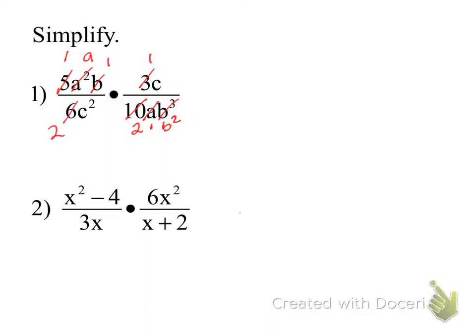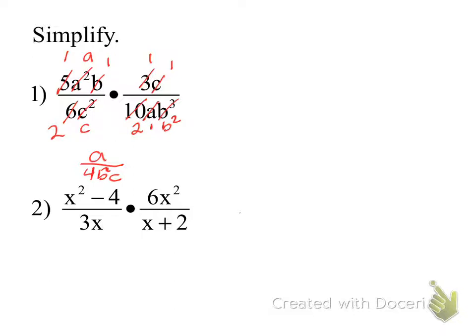And what else? C. Good. Now, 1 times A times 1 times 1 times 1 is A, all over 2 times 2, which is 4. And I'm going to go in alpha order: B squared, C.